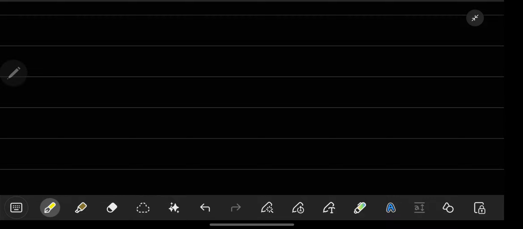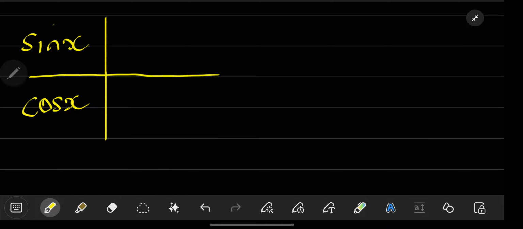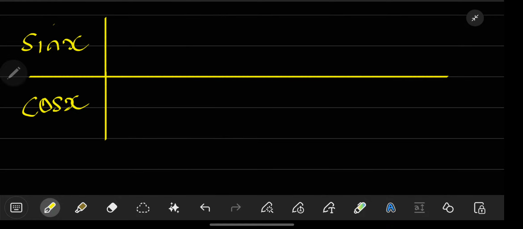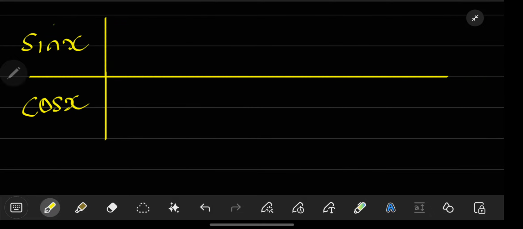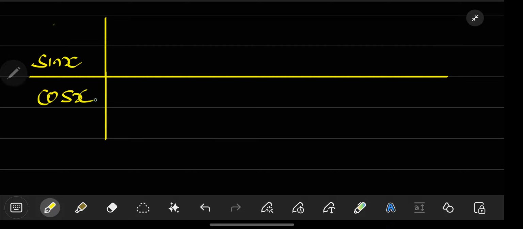You can simply say that you have sine x, and then down there you have cosine x, right? Sine x, and here cosine x.